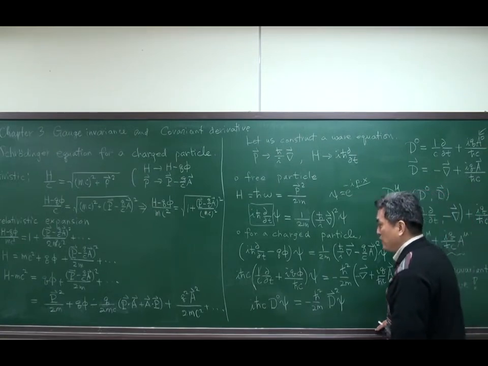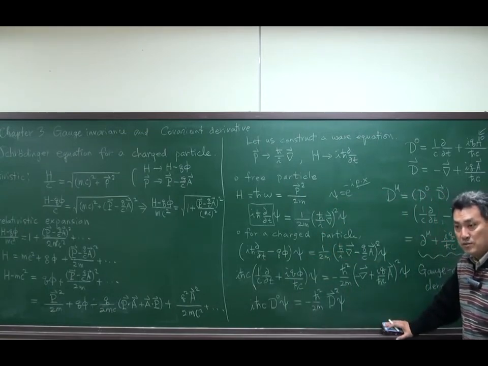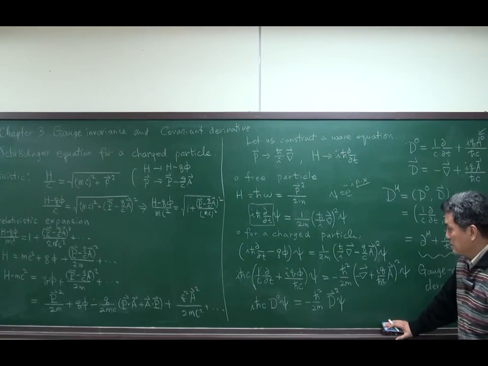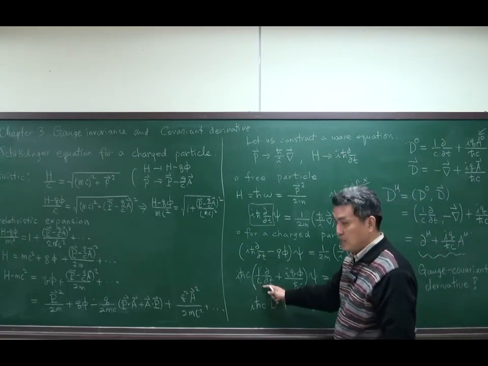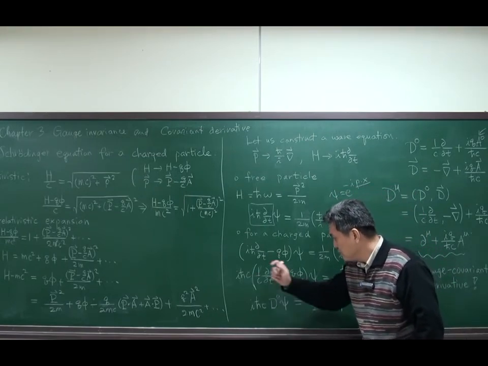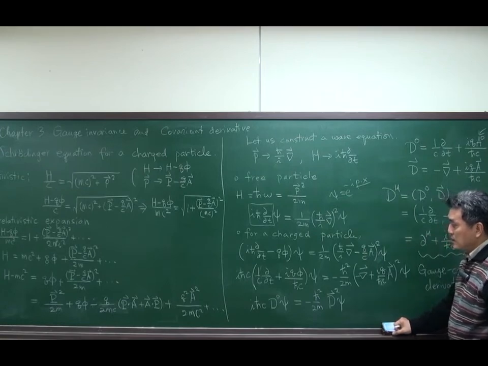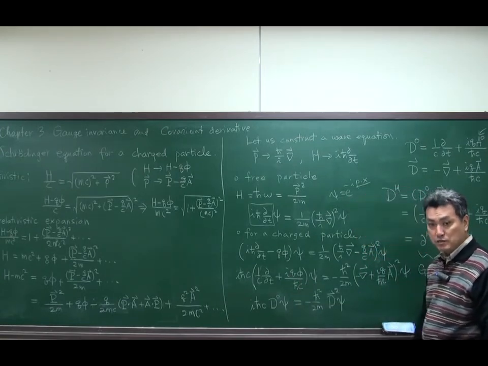We just want to rewrite this time derivative in terms of a covariant derivative. To make the dimensions the same, we multiply by the speed of light in front of it, and we pull this speed of light out. In that case, minus q phi becomes i q phi divided by h bar c.